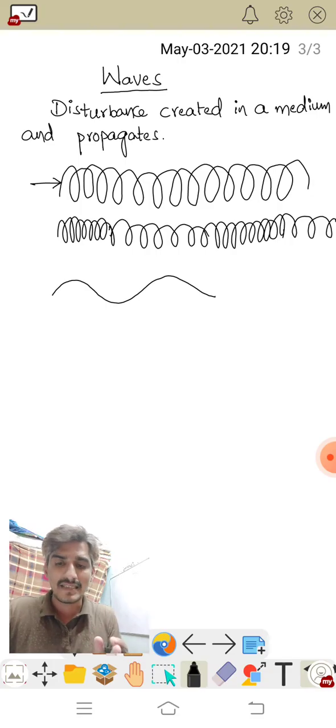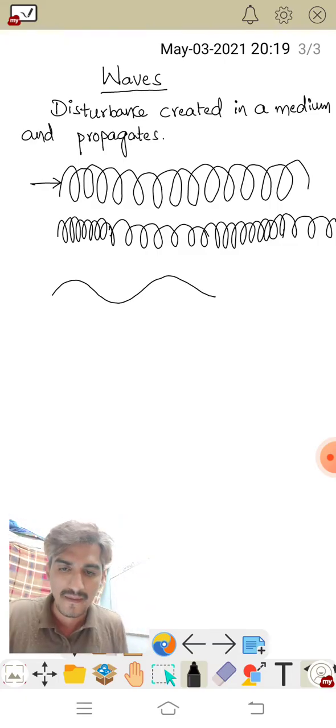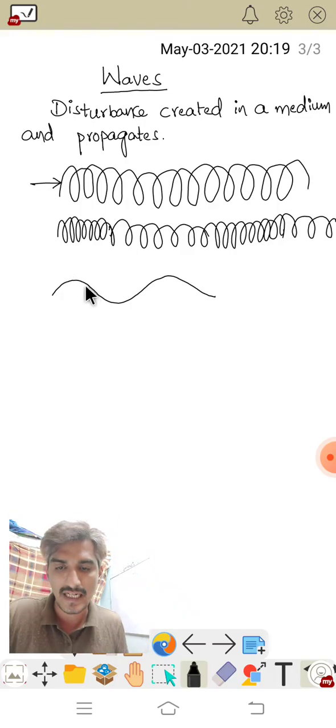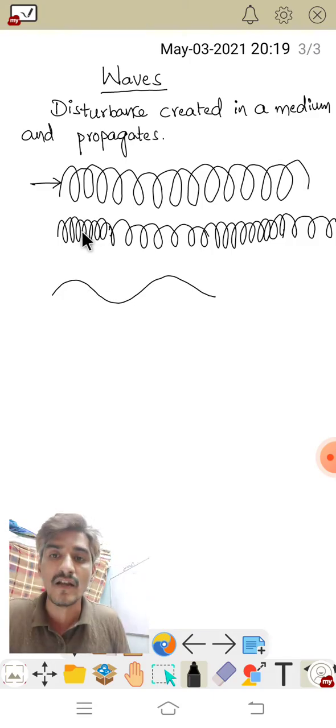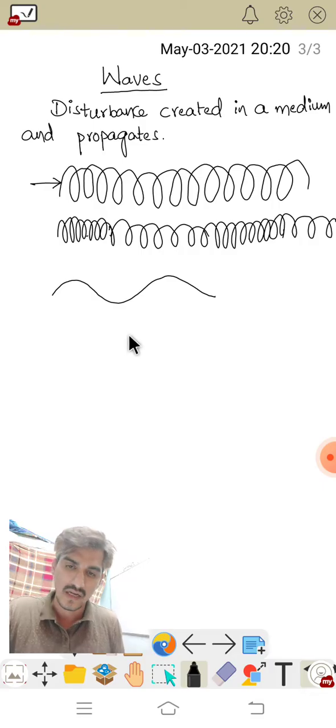Let us first understand what is going. Is a disturbance going? In what form is it going? That disturbance is a form of energy, which means that from here to here, the energy is going.